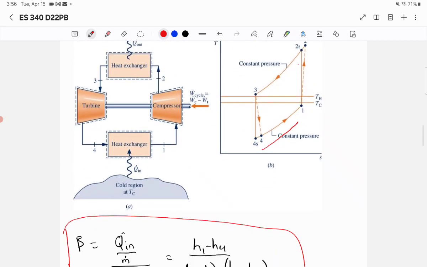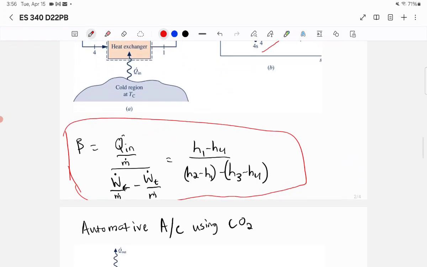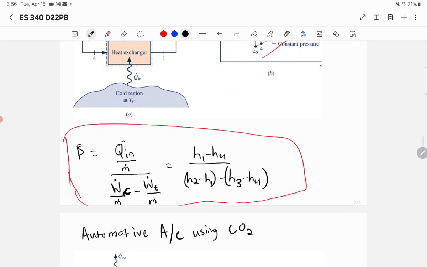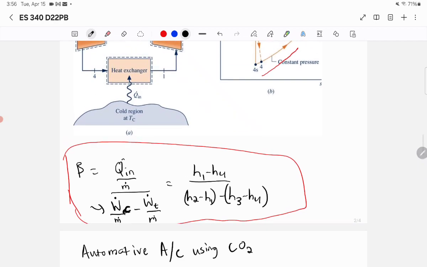So your net work going around the cycle is whatever went into the compressor minus whatever came out of the turbine. And that's what we have here. This should be WC. It's not quite clear, but that's what I meant. So your net work down here is given by the work done by the compressor minus the work done by the turbine. And obviously, as usual, your Qin dot is up here.